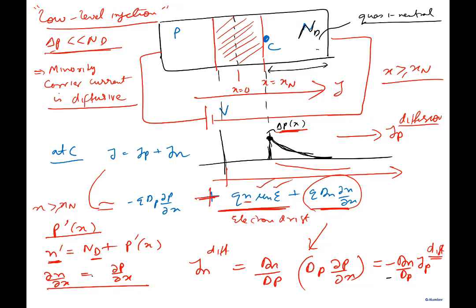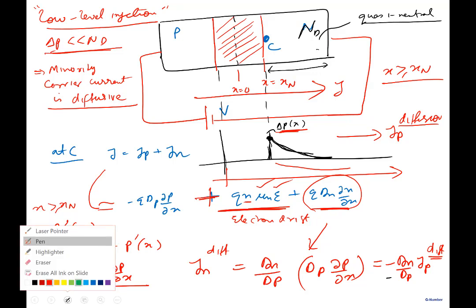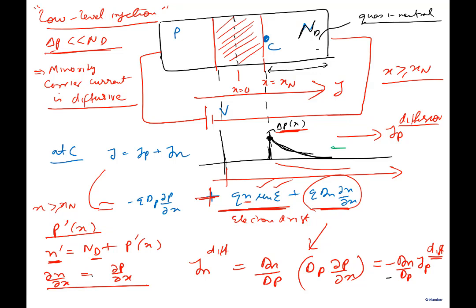So it says there is a diffusion current, electron diffusion current. What is the direction of electron diffusion current? The direction of electron diffusion current is here, Jn diffusion. Further, what do you find?